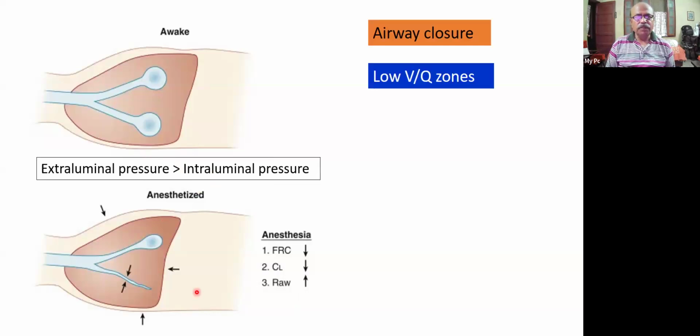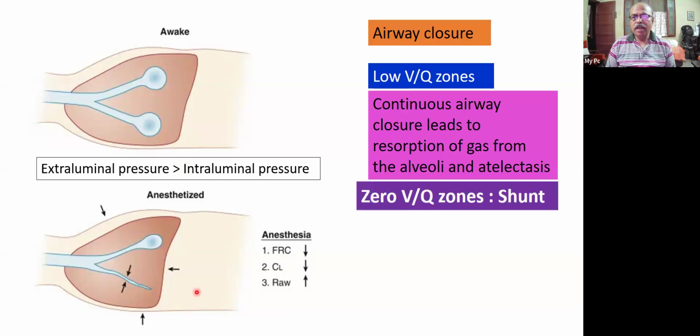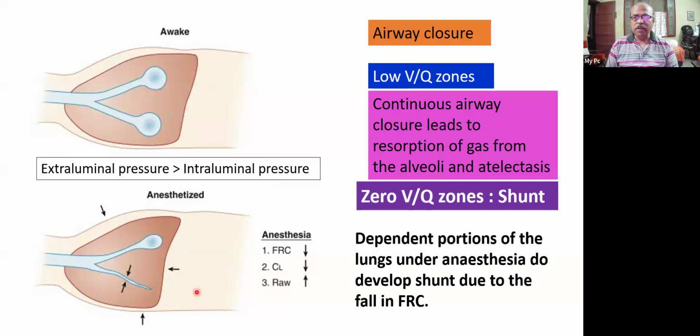So there are VQ zones. Continuous airway closure leads to resorption of the gas from the alveoli and therefore causes atelectasis. So there will be development of zero VQ zones or shunts, and the dependent portions of the lungs under anesthesia do develop shunt due to a fall in the functional residual capacity.